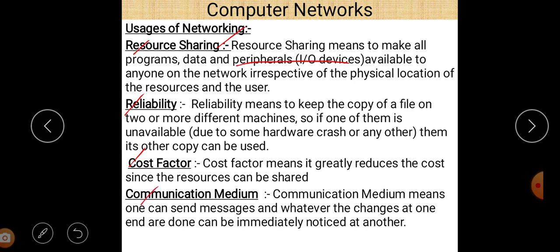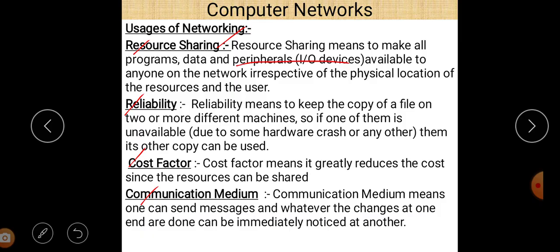Next is communication medium. Communication medium means one can send messages, and whatever changes are done at one end can be immediately noticed at the other. That is an important use of the computer network: when we make a change at one end, the change can be noticed at the other end.